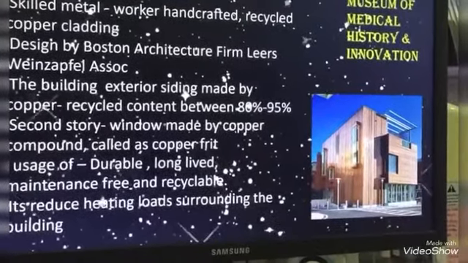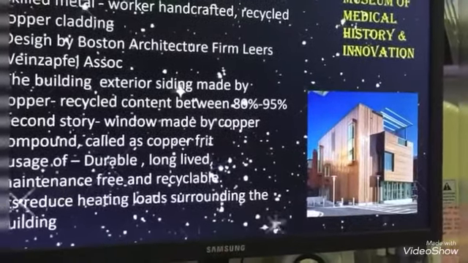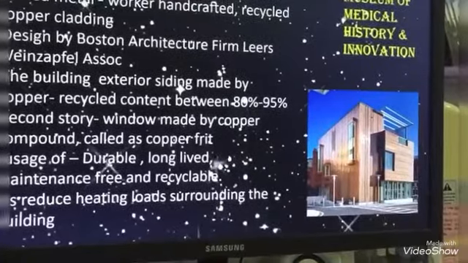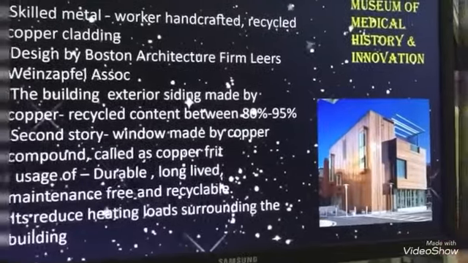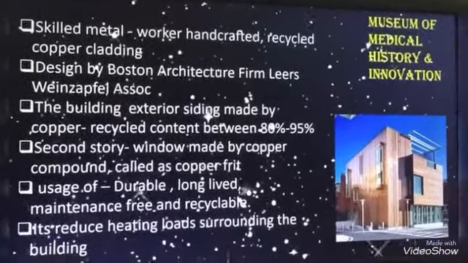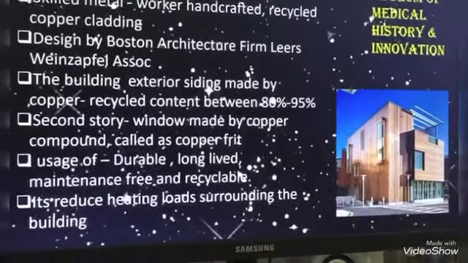The exterior of the building is made of copper, with recycled content between 80 to 89%. That means the cost of this building is decreased because they are using a recycled material.